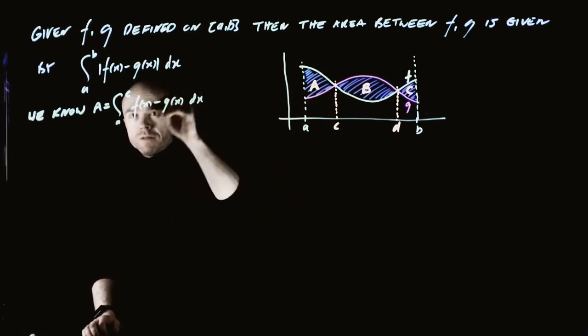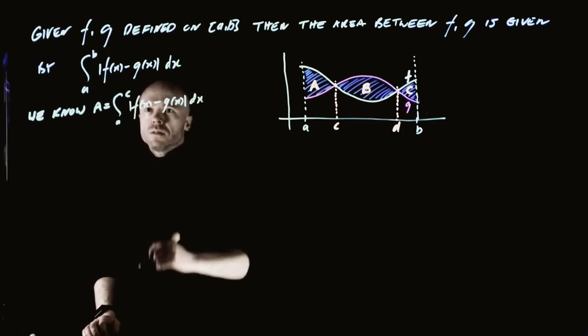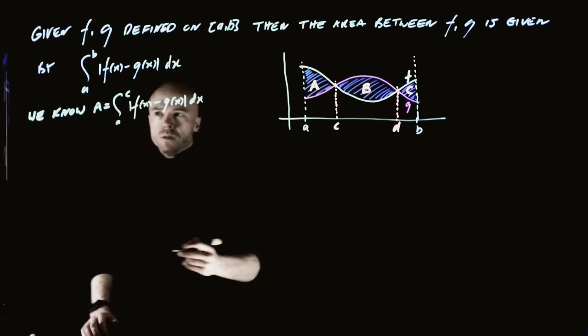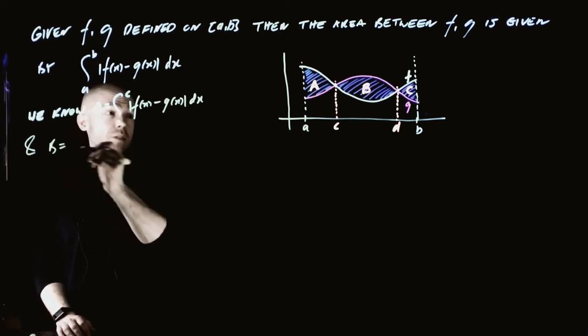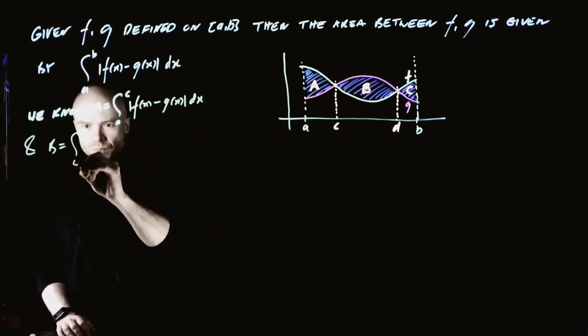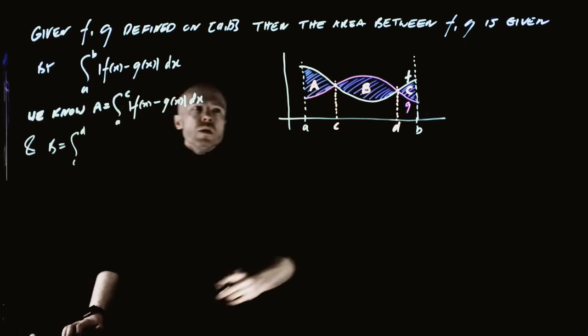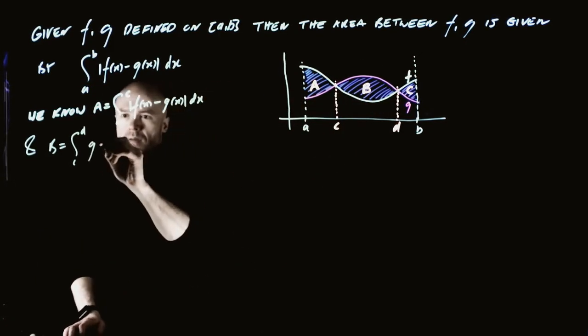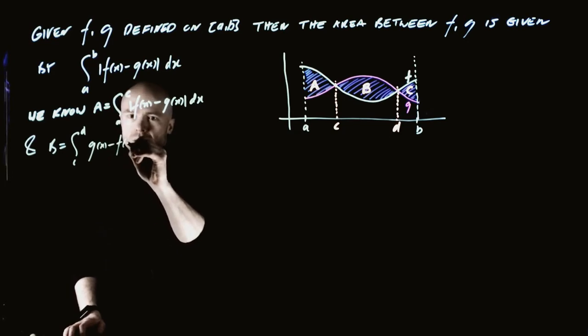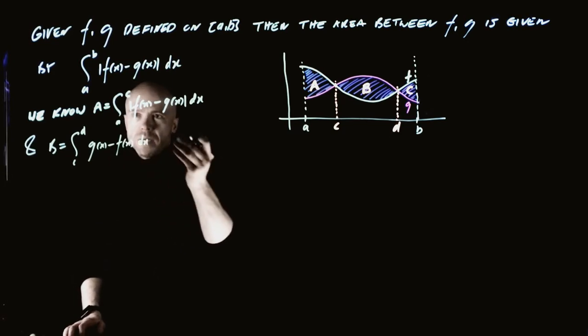And since f is bigger than g, this is the same as the absolute value. And we know that B is going to be the integral from c to d, and we're going to write here g of x minus f of x, because g is bigger than f.